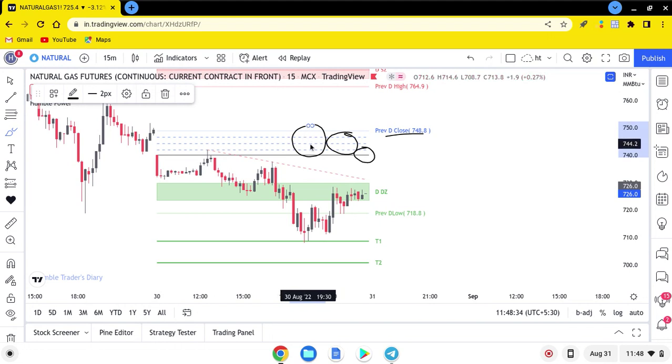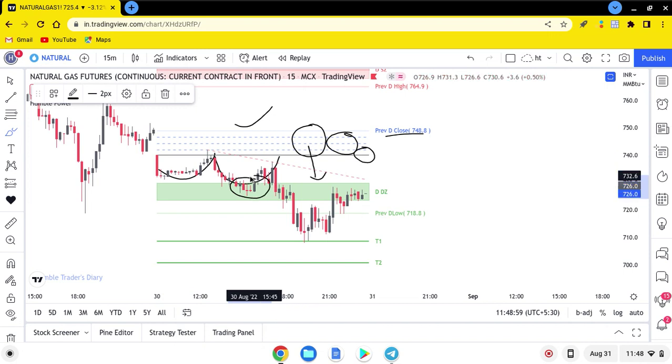So just think about it, whenever the price is below the CPR it's considered to be bearish, whenever the price is above CPR, it is considered bullish, it's basic wisdom. Now the price is below the opening price and getting multiple rejections from the top, so you should not look for the buy entry, you should look for the sell entry.